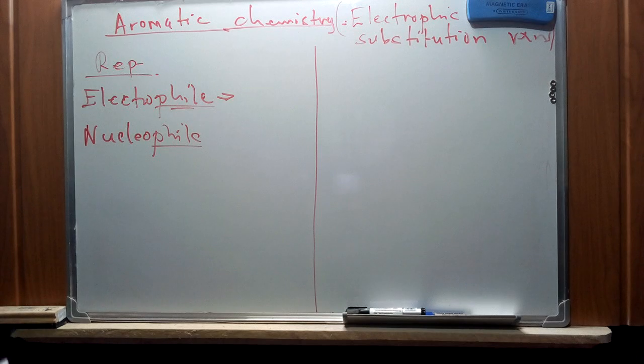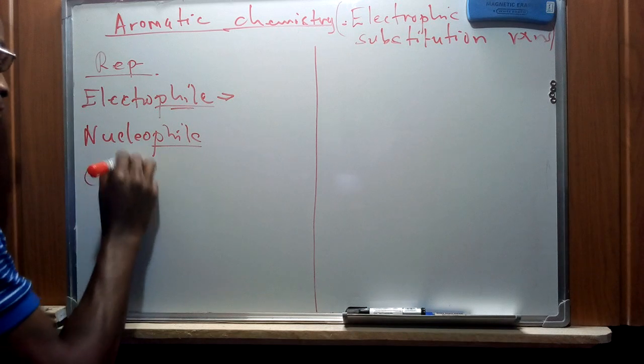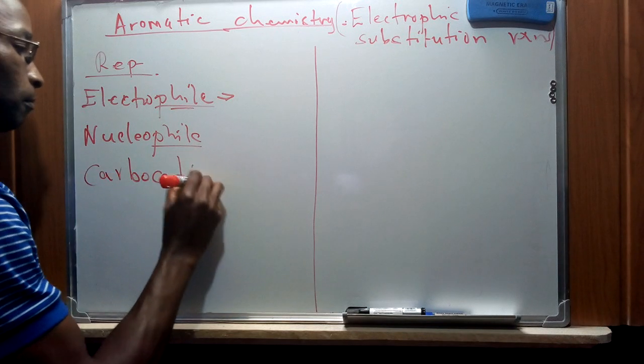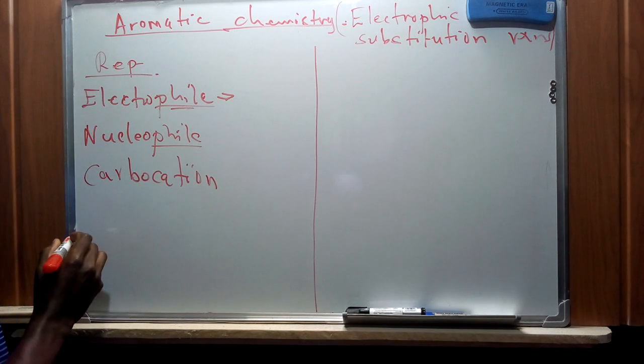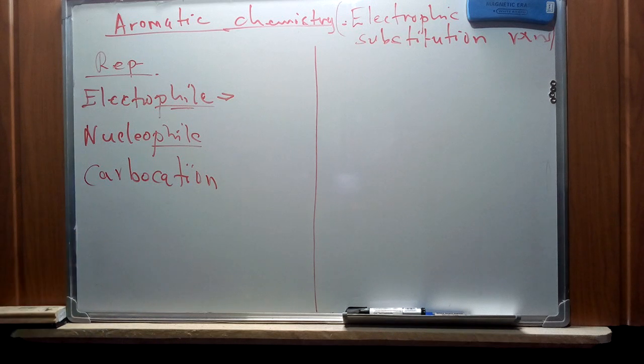There's another term that we are supposed to know before we have a discussion into this, and this term is carbocation. As we can see from that specific term, it pertains to charge, which refers to positive and negative charge.